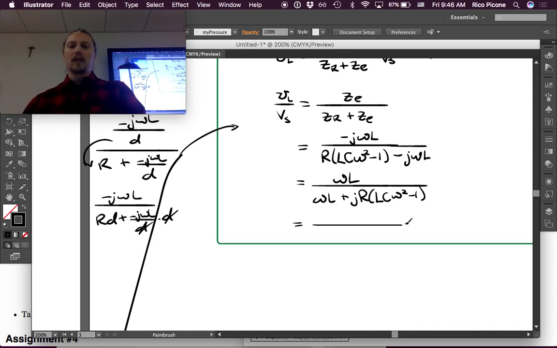I'm not being very compact, which is fine because we have the whole page. So we have omega L e to the j0, that's just a real number in the numerator, divided by, we're going to use our nice little trick of just calling this some magnitude e to the j some phase. We'll define them, so m1 and phi1.